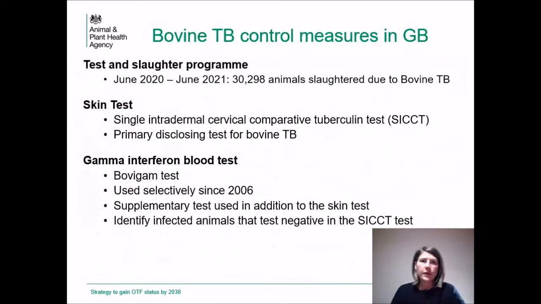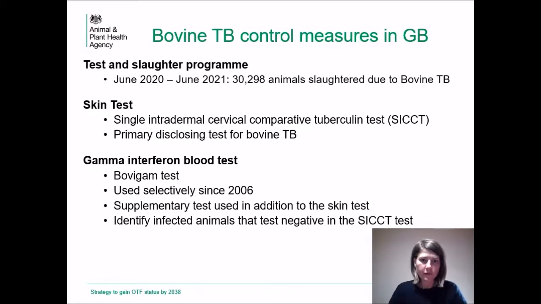Bovine TB is controlled in GB. There's a test and slaughter program in place, and from June 2020 to June 2021, more than 30,000 animals were slaughtered. Positive animals are picked up through using the skin test, the single intradermal comparative cervical tuberculin test, or short SICT.